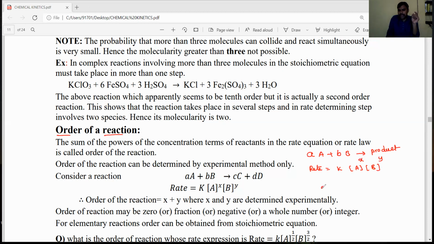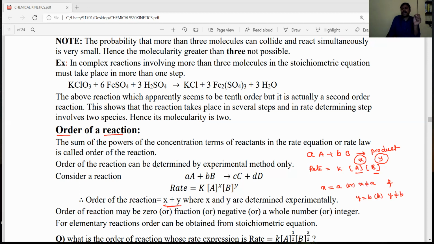We already discussed that x may or may not be equal to a, and the same way y may or may not be equal to b. Here x indicates the order of the reaction with respect to A, and y indicates the order with respect to B, and the sum of the powers, x plus y, is called the overall order of the reaction.